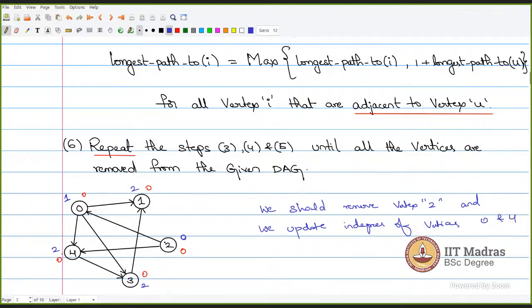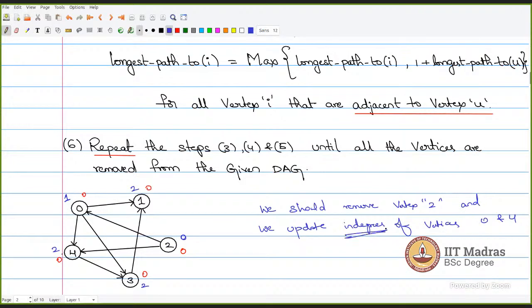You see, this particular 2 is adjacent to vertex 0 and vertex 4. Only these 2 vertices are adjacent to vertex 2, so we update the in degrees of the adjacent vertices of 2, which are 0 and 4.